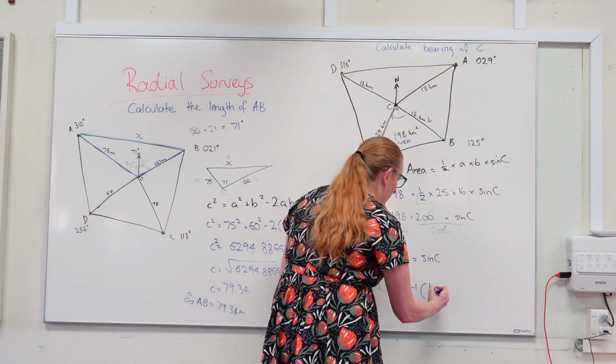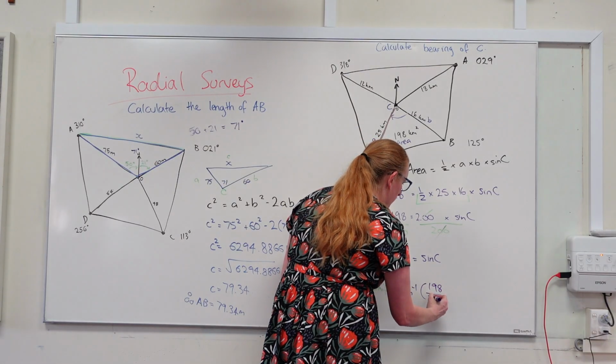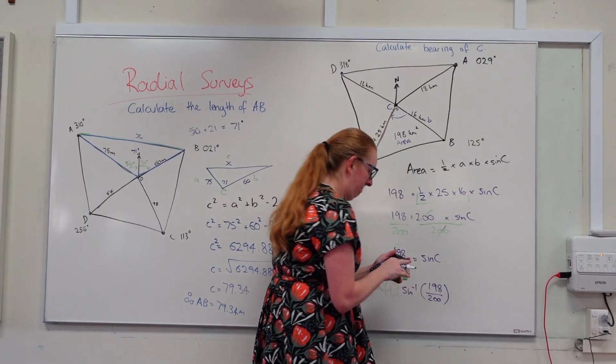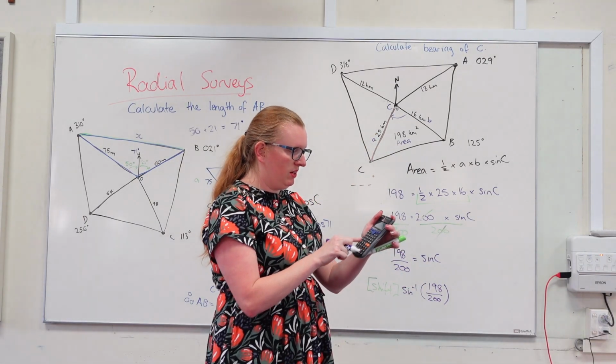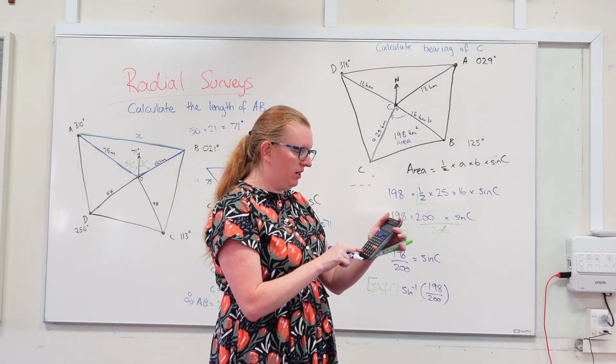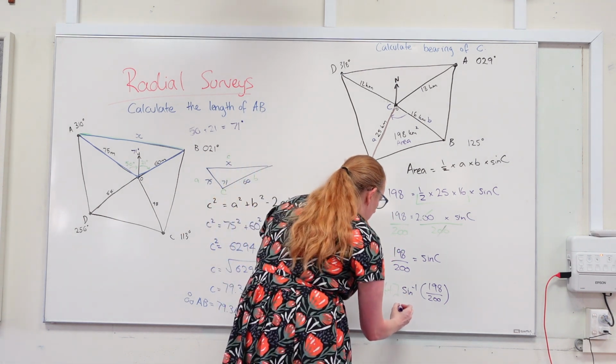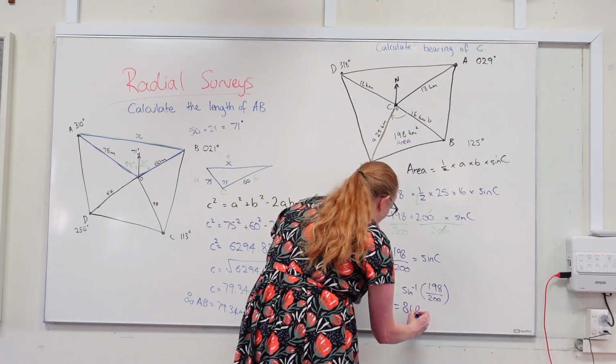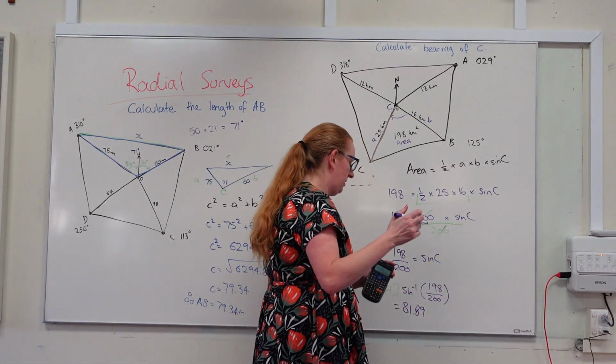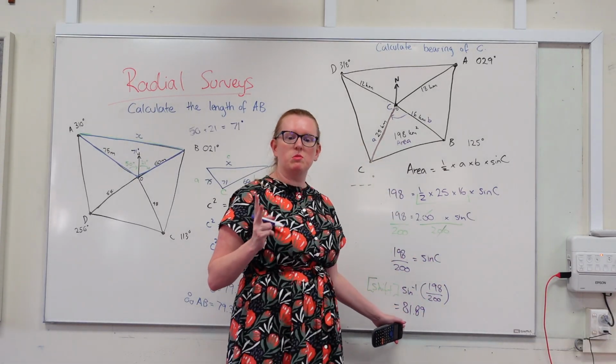And then I type that fraction in, 198 over 200. So shift, sine, 198 over 200, close bracket, and I get 81.8903 blah blah blah. So that's to 2 decimal places.